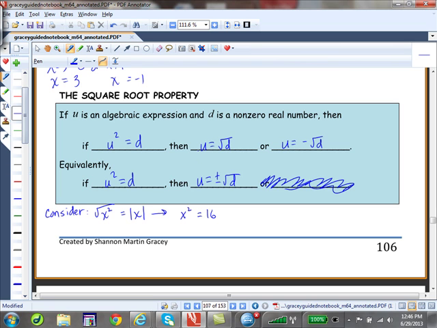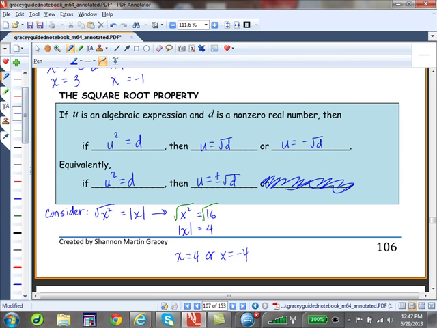What we can do is square root both sides of the equation. What we get on the left side is the absolute value of x, and on the right side is 4. But if you remember from your absolute value equation solving, that means that x could be 4 or x could be negative 4. And that's just what we saw up there in a more abstract format.